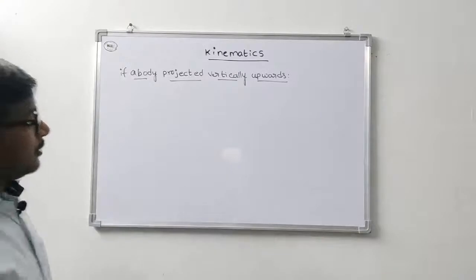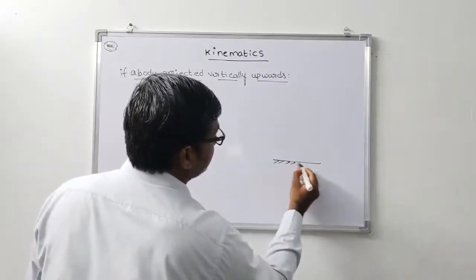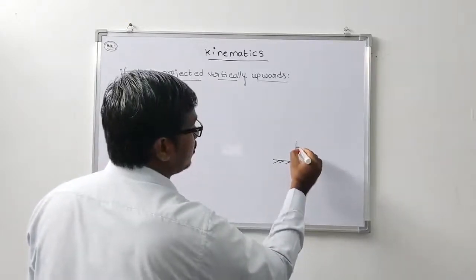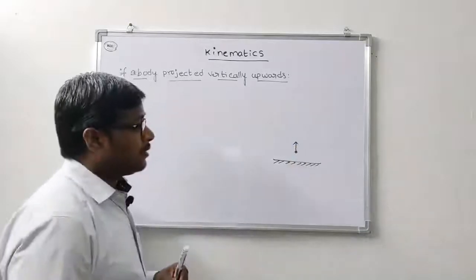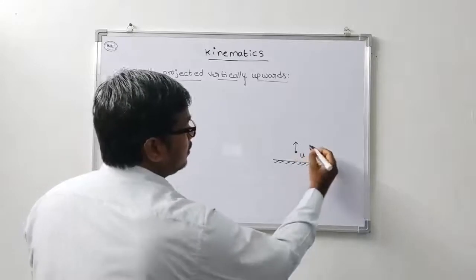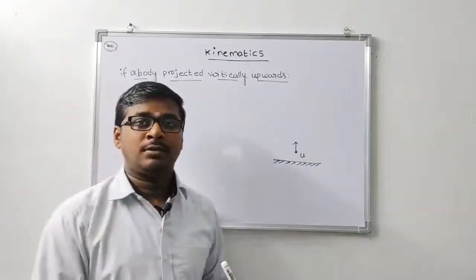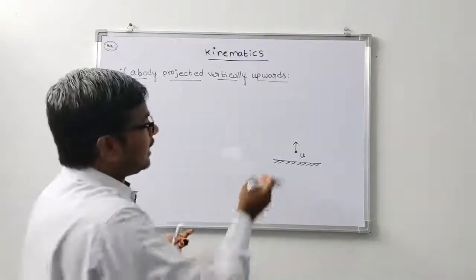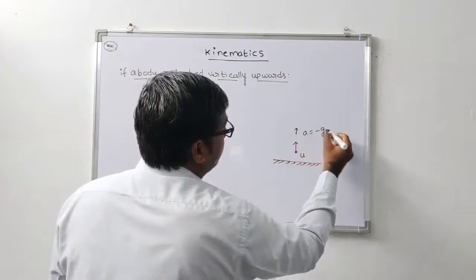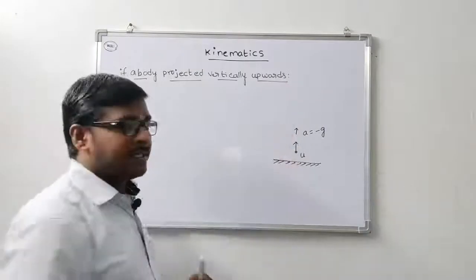Let us consider this is the ball. This ball is vertically thrown up with initial velocity u. The acceleration is acting downward, the direction of motion is upward. a is equal to minus g, and displacement is equal to height.